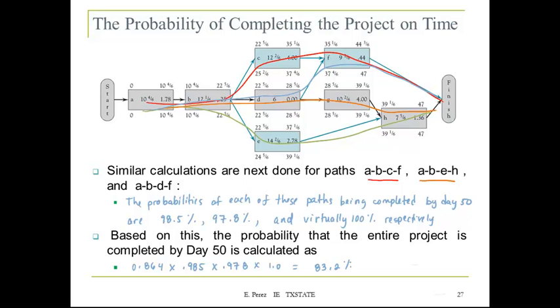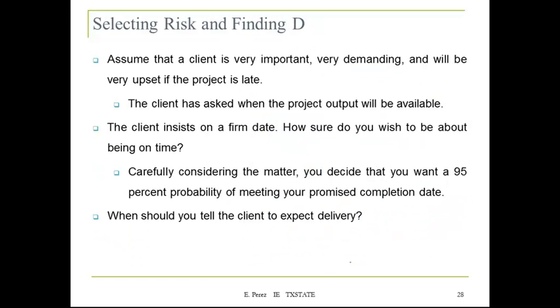Okay, so next we have one more thing to cover, and it's very related to this. Assume that the client is very important, very demanding, and will be very upset if the project is late. The client has asked when the project output would be available. The client insists on a firm date.